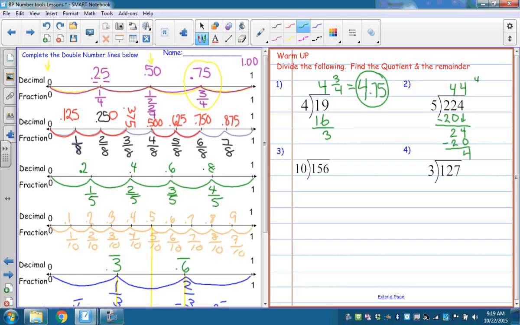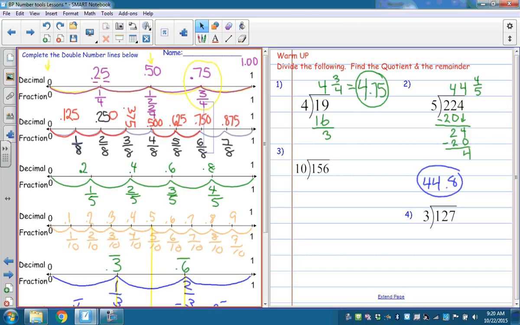So it's 44/5, right? Wouldn't it also be 44.8? Right, so that's what you want to do tonight. Your final answer is 44.8. Because we know 4/5, if we look over here, 4/5 is 0.8.